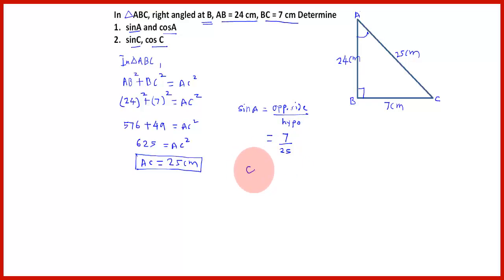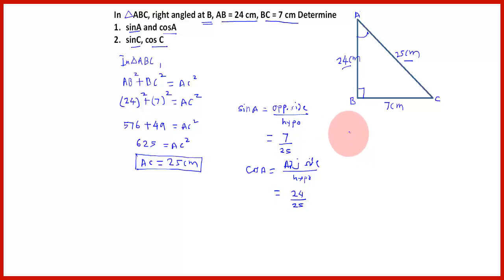Then we have to find cos A. So cos A, that is adjacent upon hypotenuse, so this is the adjacent side, this is the hypotenuse, so cos A is adjacent side upon hypotenuse, which is equal to 24 by 25.